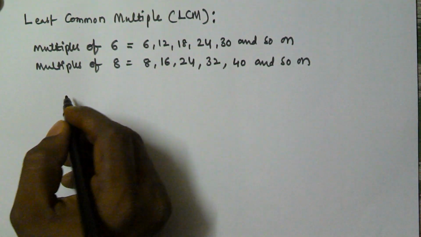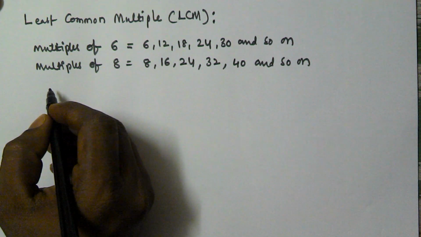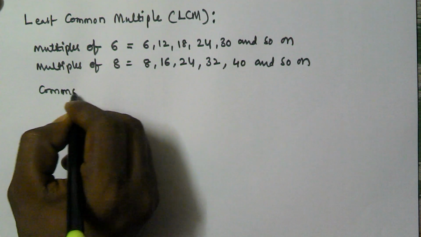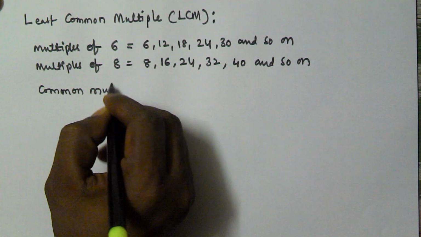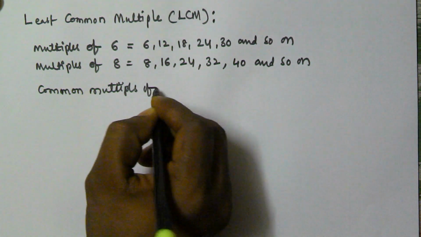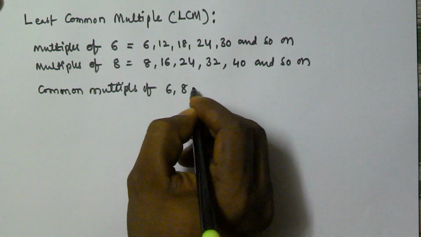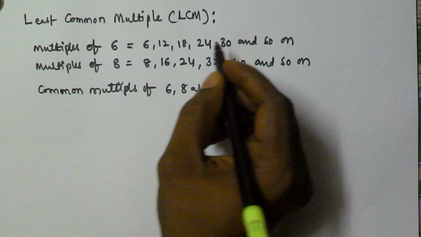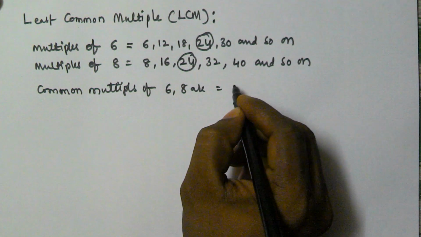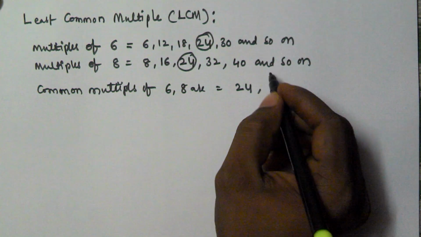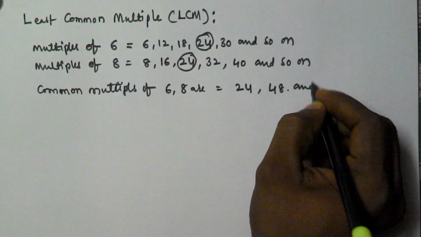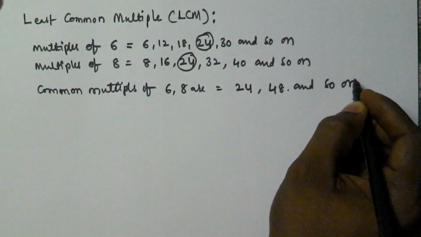So now the common multiples of 6 and 8 are 24, and after that we get 48 and so on.